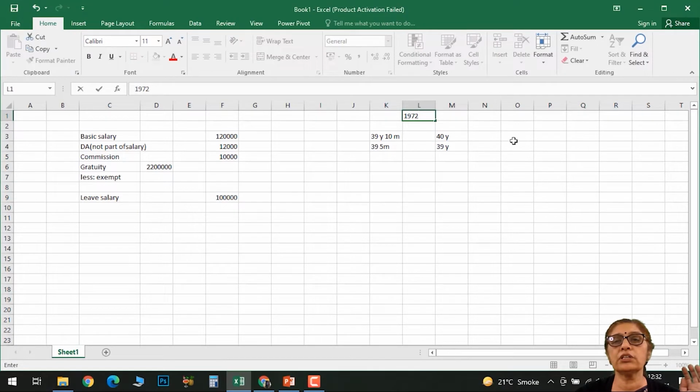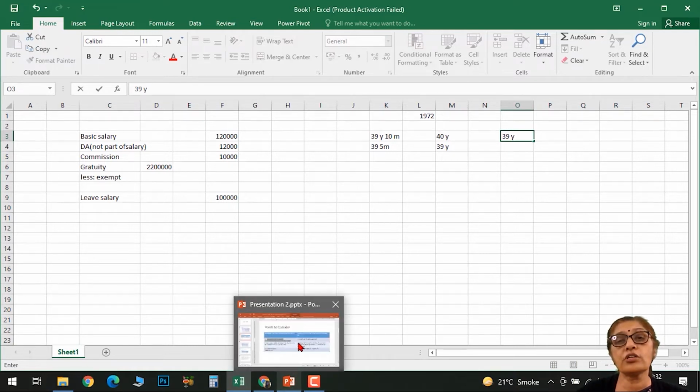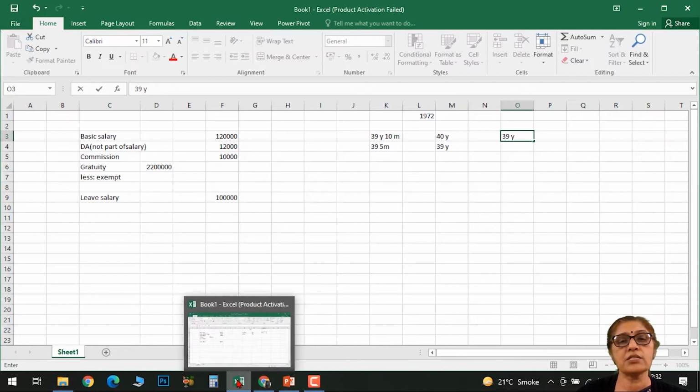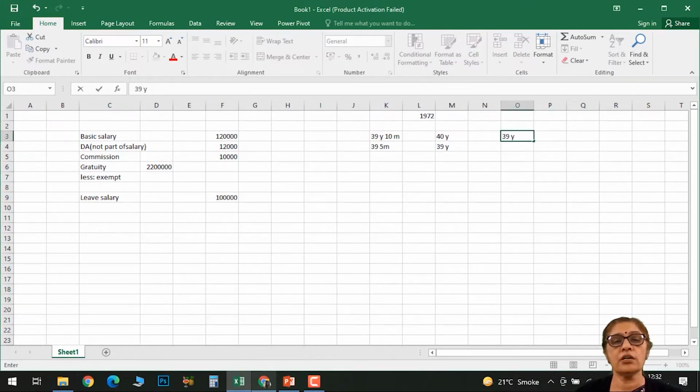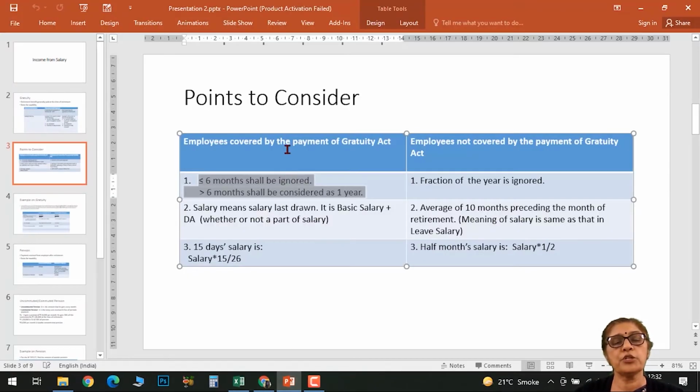Even if you worked for 39 years and 10 months, your years of service would be taken as 39 years and not 40, even if your months are more than 6. So this is the first point of difference between those who are covered under the Gratuity Act and those who are not covered under the Gratuity Act.